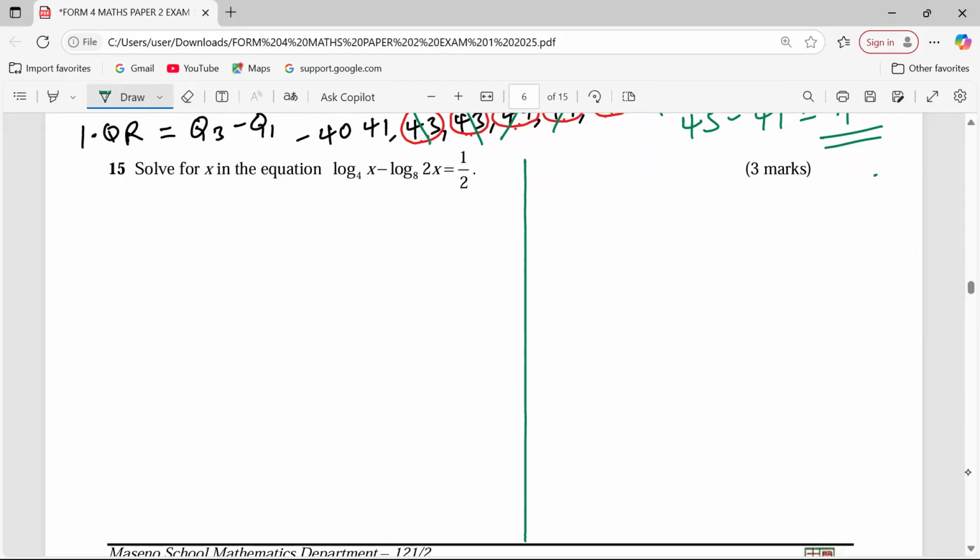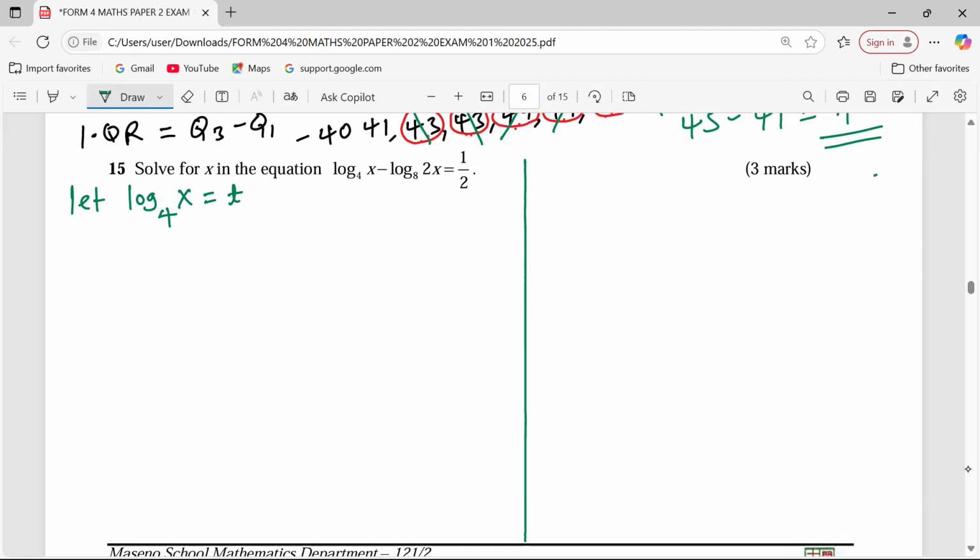We can see that the bases are not the same, so we can make some efforts to make sure that the bases are the same. Allow me to work by letting first the logarithm of x to base 4 be something like t.